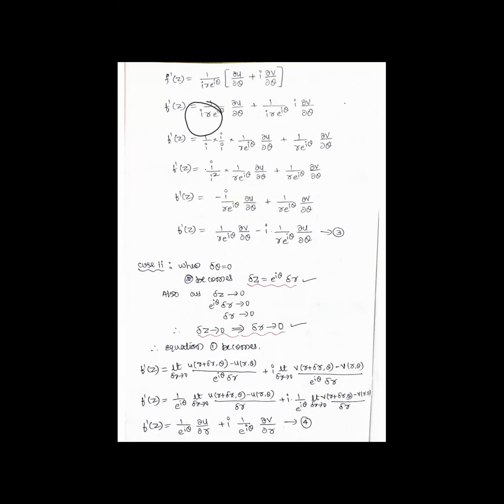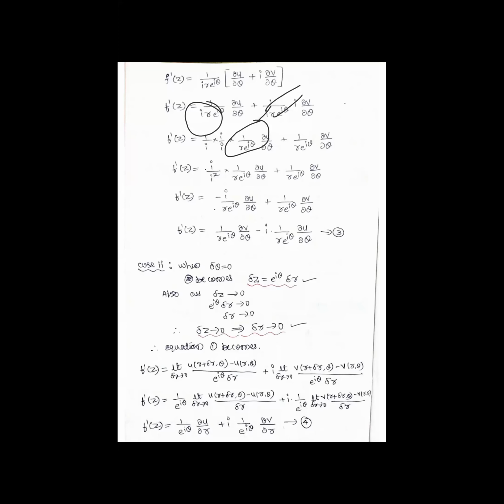Dou u by dou theta stays as it is, and this i gets cancelled in the next term: 1 upon r e raised to i theta dou v by dou theta. So f dash of z is equal to i divided by i into i square, 1 upon r e raised to i theta dou u by dou theta plus 1 upon r e raised to i theta dou v by dou theta. So i square means minus 1, and with the minus 1, I have shifted it to the numerator.